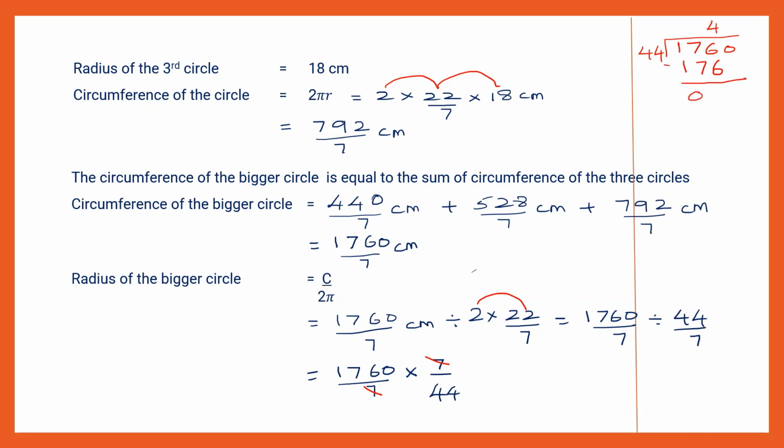So it's 0 here. Now we have this 10 which we can carry up and finish our division. So what do we have? Our quotient is 40. That means the radius of the bigger circle is 40 centimeters. So we have found the answer. The radius is 40 centimeters. So radius of the bigger circle that we just found out is 40 centimeters.